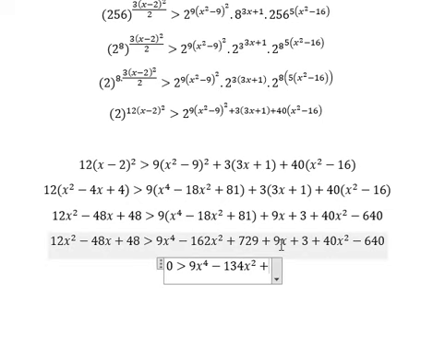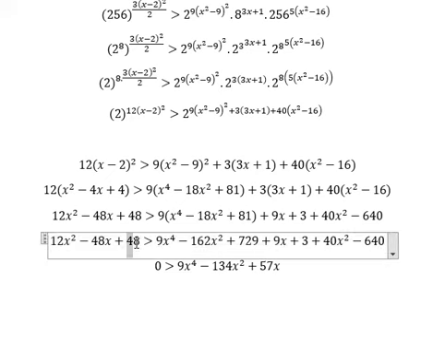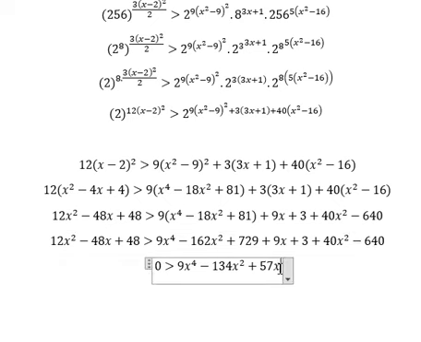The next one, 9x with positive 48. We got 57x. And the last one, we have 48, 729, number 3, negative 640. So we have 44.